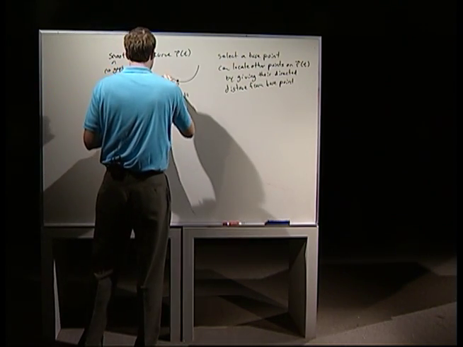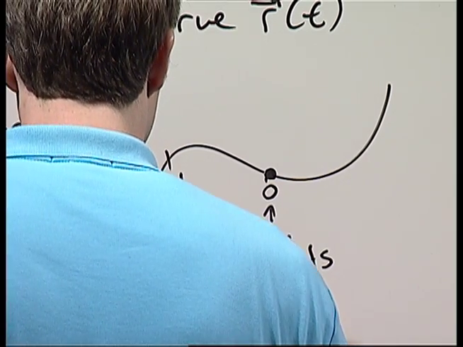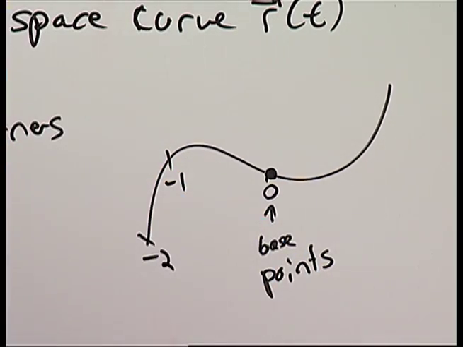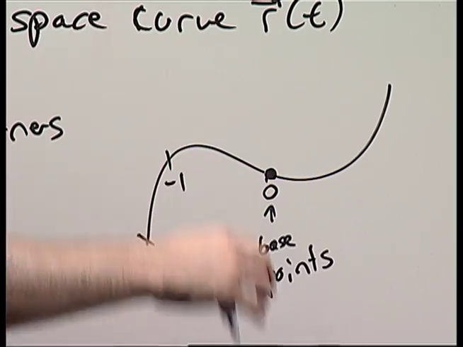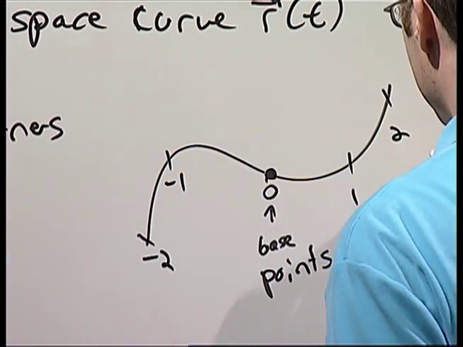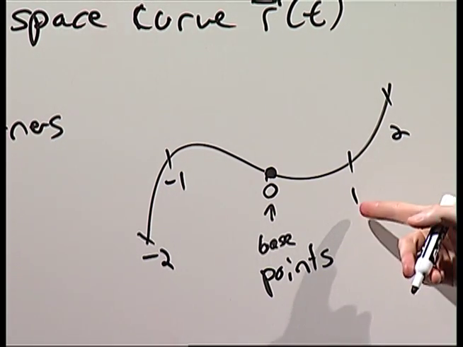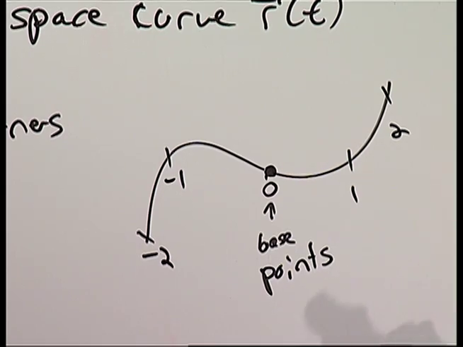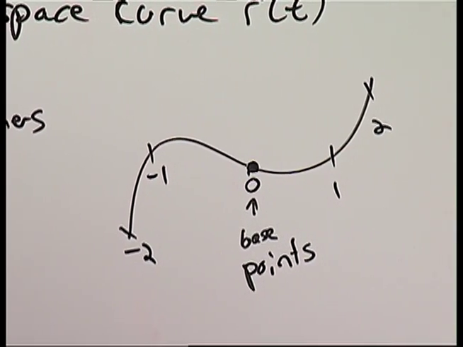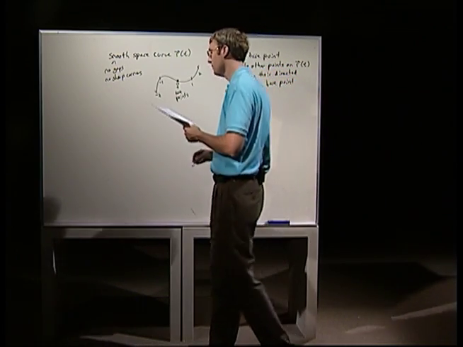So maybe this point is 1 unit away in the negative direction, and this one over here is 2 units away in the negative direction, so it's 2 behind the base point, and 1 ahead of the base point, and 2 ahead of the base point. So this is not any kind of a functional value here. This is 1 unit away from the base point in some measurement system.